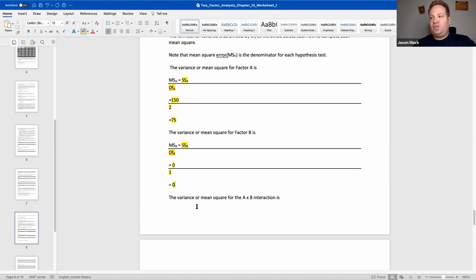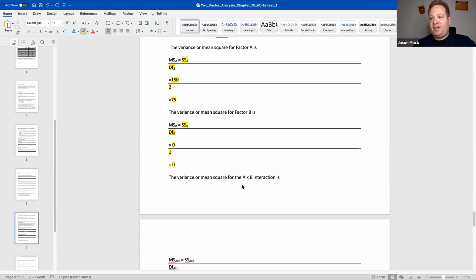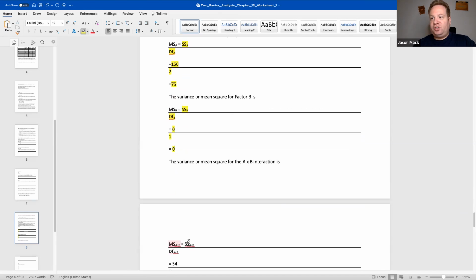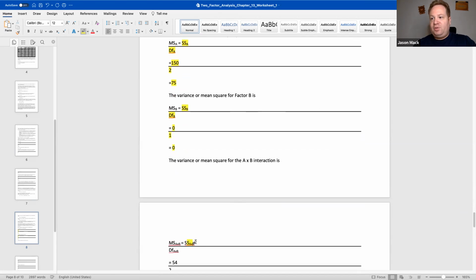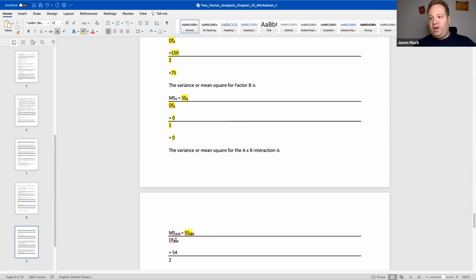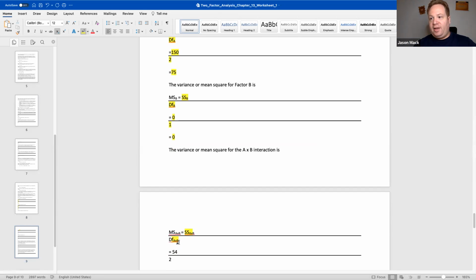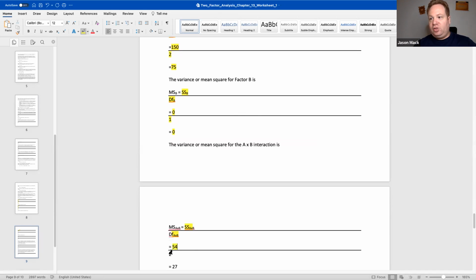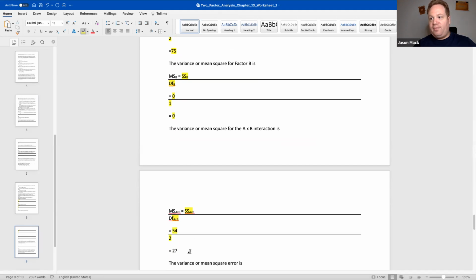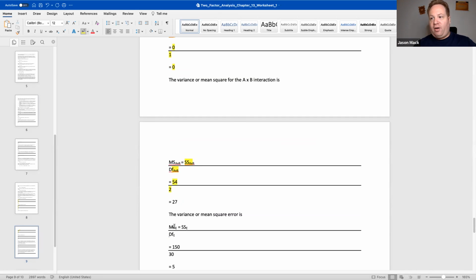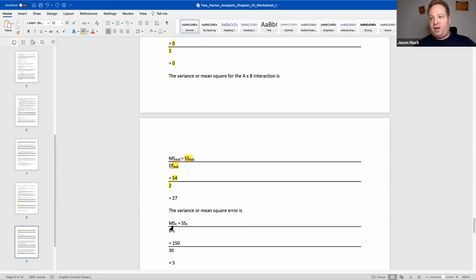The variance or mean square for the A times B interaction, the mean square A times B, is equal to the sum of the squares A times B divided by the degrees of freedom A times B. So we plug that in and we get 54 divided by 2, which is 27. The mean square error is equal to the sum of the squares error divided by degrees of freedom error.